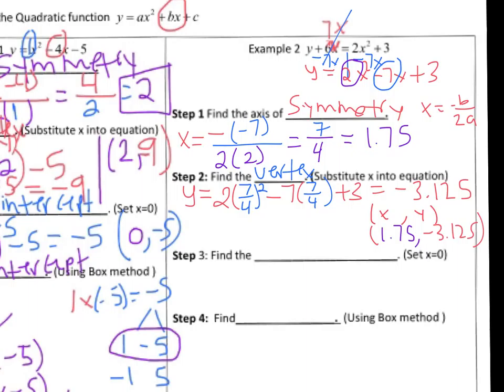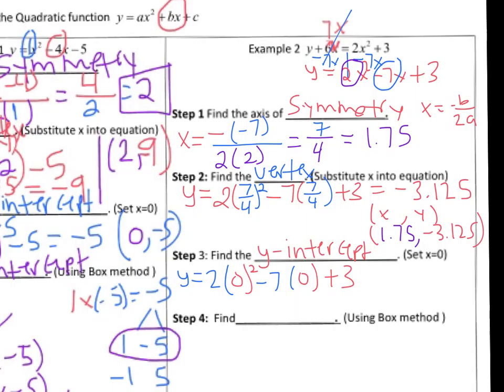Step number 3, we want to find the y-intercept. To find the y-intercept, everywhere we see an x value in our equation, we're going to substitute 0. So y is equal to 2 times 0 squared, minus 7 times 0, plus 3.